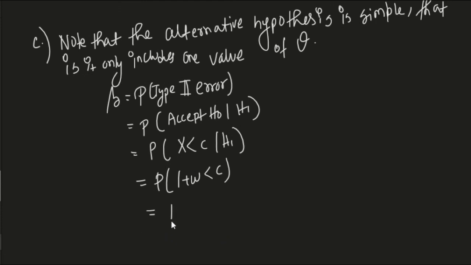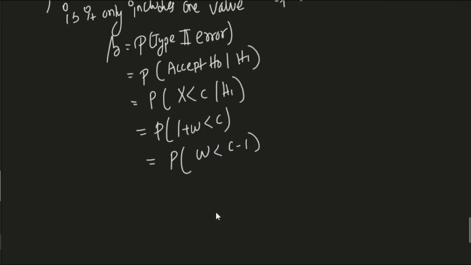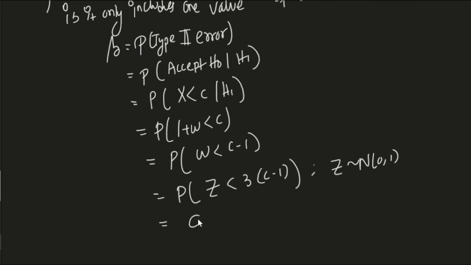Now this means the probability of w less than c minus 1, and we can write this as z less than 3 into c minus 1, where z is a standard normal variable, and this amounts again to the CDF phi of 3 times c minus 1.